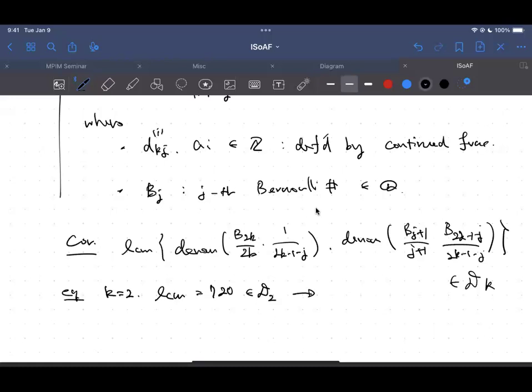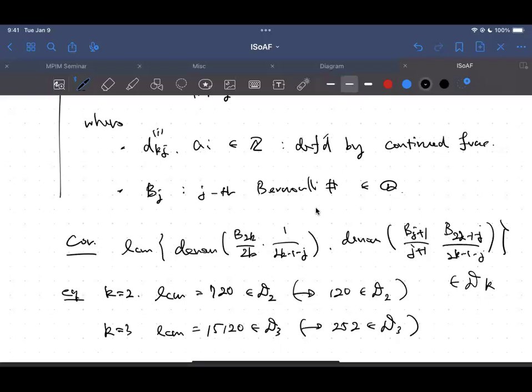And actually we can take a smaller universal upper bound, which is 120, and this is best possible. And for k equals 3, the least common multiple is 15120. But again, this is not the smallest one, but we have this smallest universal upper bound.